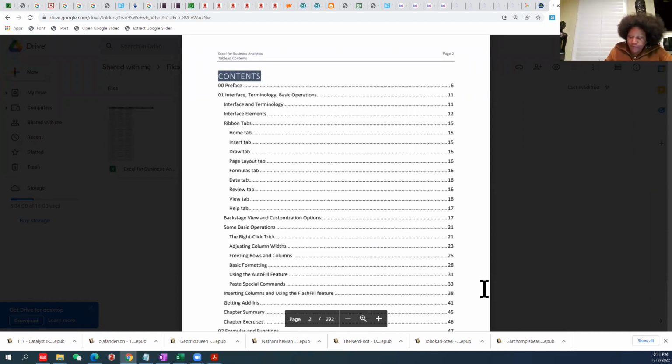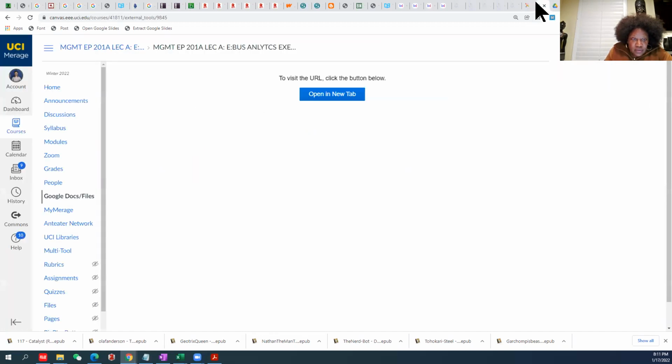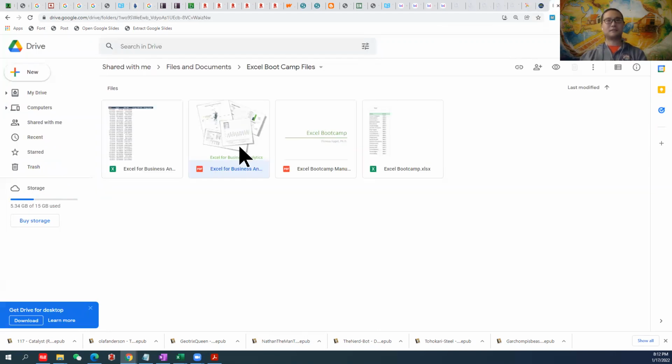So if I go to Google Doc files, yeah, you can simply go to Canvas and use the resources here. Yeah, this might be easier than a physical book, especially if you want to make searches. You know that in PDF, you can search by keywords. Okay, let me see if I can get to that. Google Files. It's on Canvas.